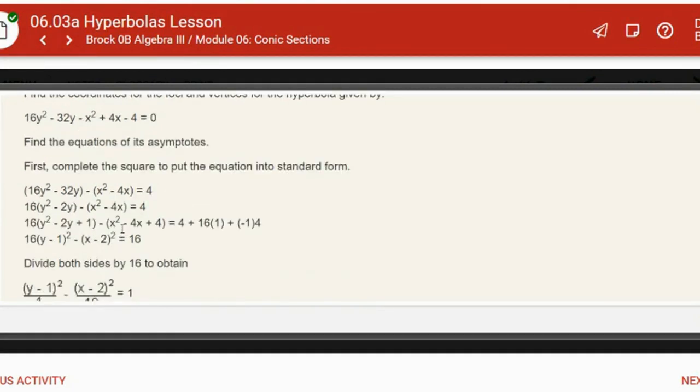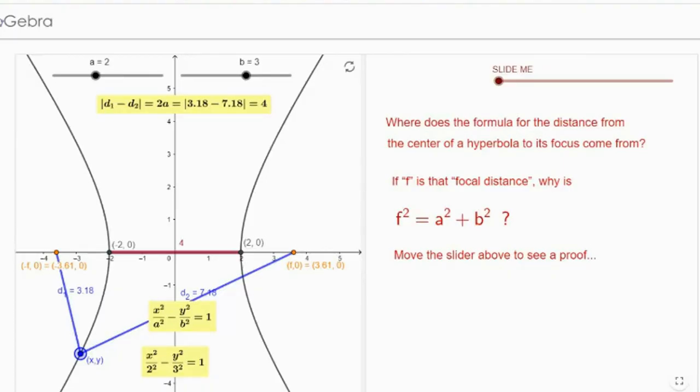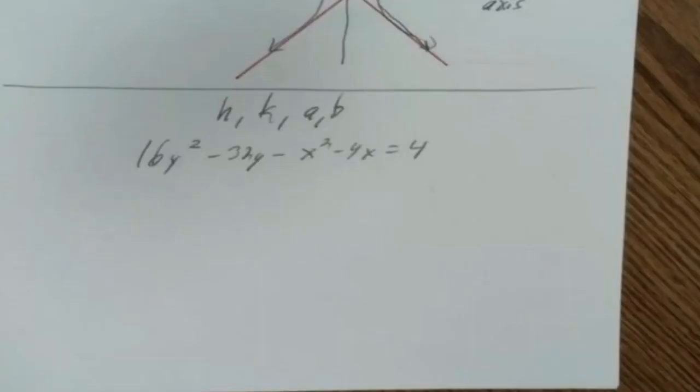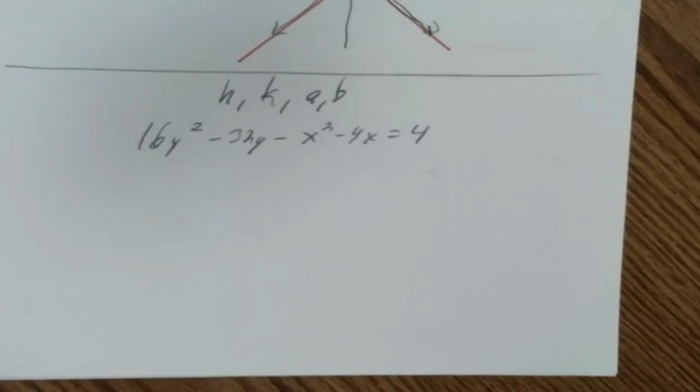So with completing the square, let me go ahead and write down this equation because we need to do this step by step together on paper. So there's the equation. Instead of just seeing their steps already done, let's work these together step by step so you can see how I did.